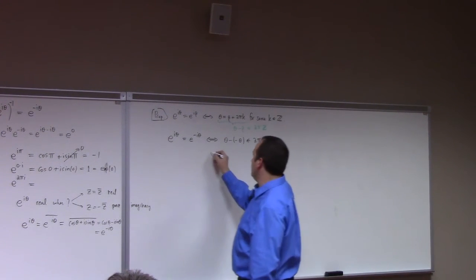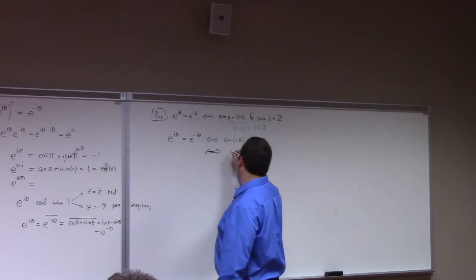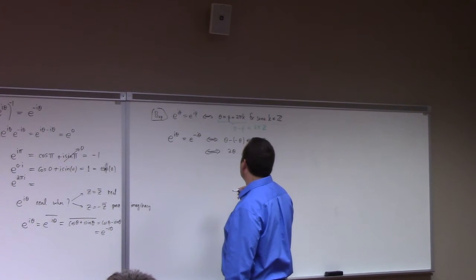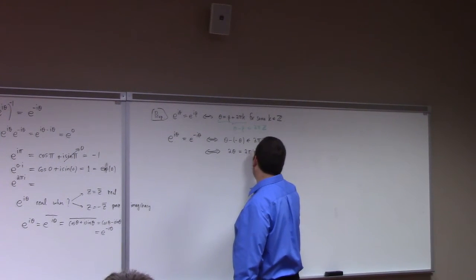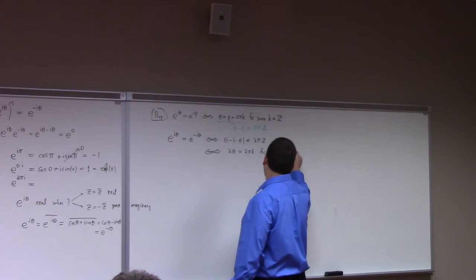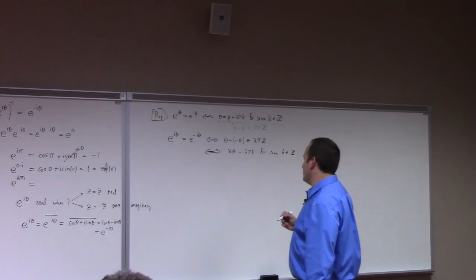In other words, 2 theta, oh man, I've done something askew. No. Well, 2 theta is equal to 2 pi k for some k in the integers. So what are the solutions? Theta is equal to what?